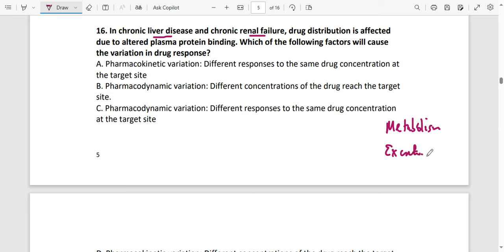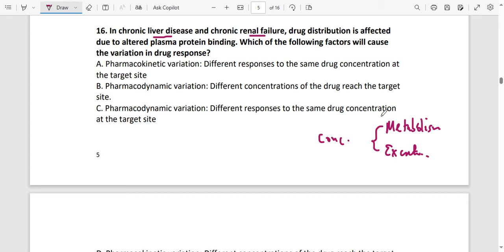So we're affecting these two. If we are affecting metabolism and excretion, it means that we have affected the concentration of the drug, right? Because if the liver is not working, say this drug was supposed to be activated in the liver, it will not be activated, so we're going to have little concentration that is effective.